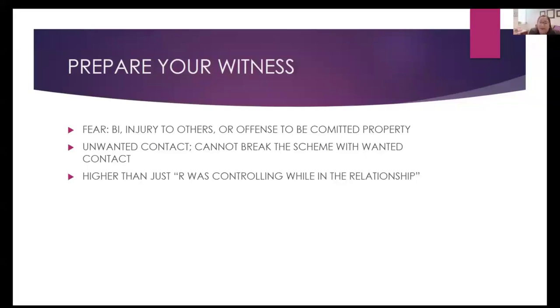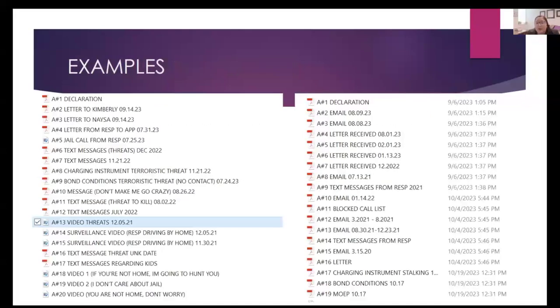This person may, because of the cycle of violence and other things, be in this DV cycle and relationship, go back to the abuser, go back to the offender, because this is why the stalker is doing this. And so we want an unbroken chain or scheme to be able to substantiate that burden.